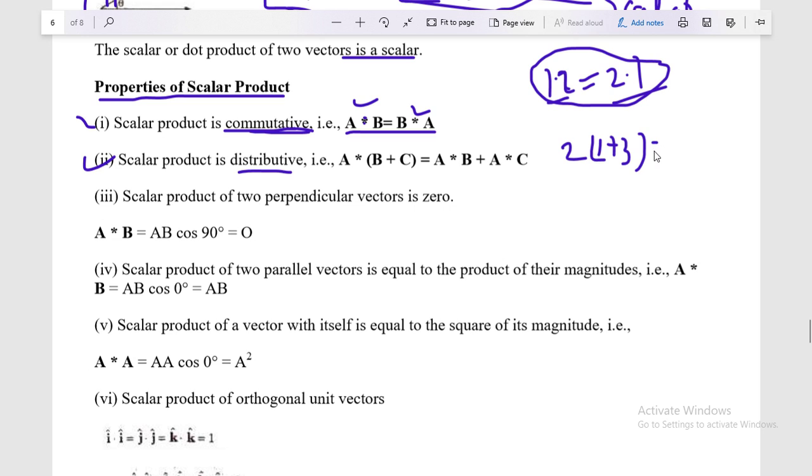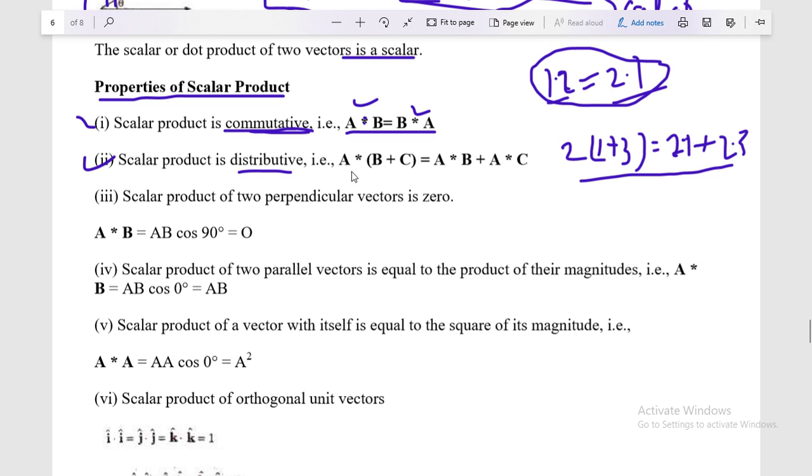So in simple algebra you can write this as 2 into 1 plus 2 into 3. So this one is known as the distributive law.